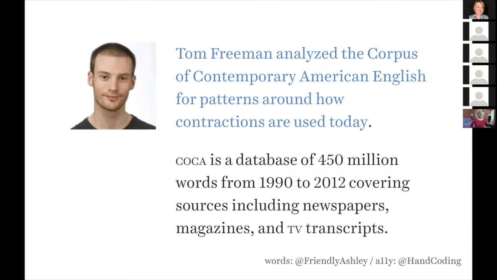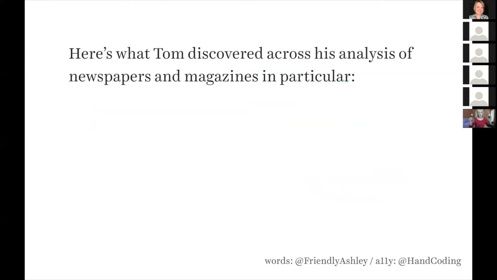And here's what Tom discovered when he looked at newspapers and magazines in particular. He concentrated on newspapers and magazines because these represent how contractions would be used in published writing today.